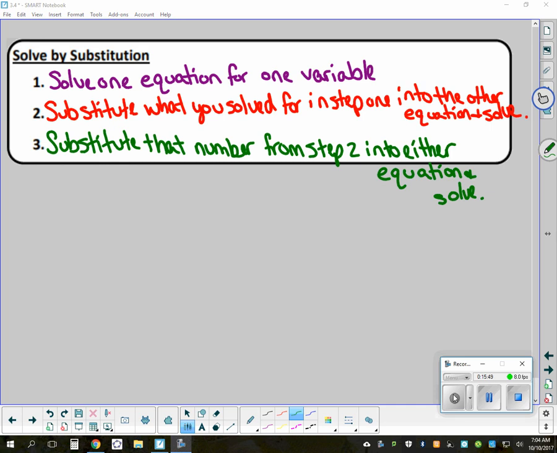So notice you're substituting twice and you're solving twice. It should make sense to you that you're solving twice because the solution to your system is going to be an ordered pair, so you would have to solve for the x and solve for the y.